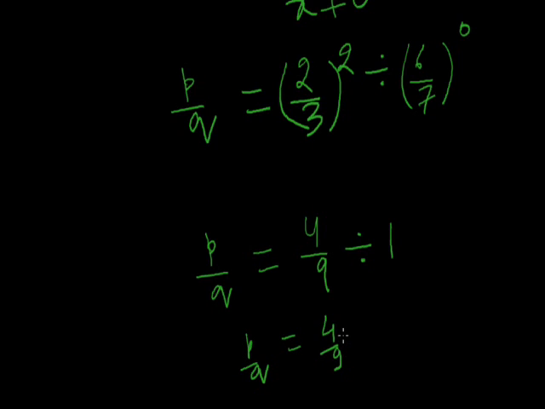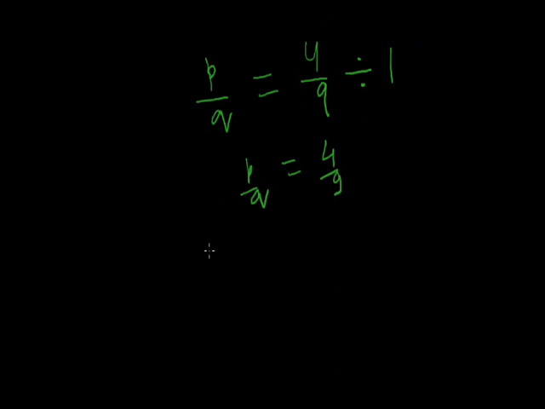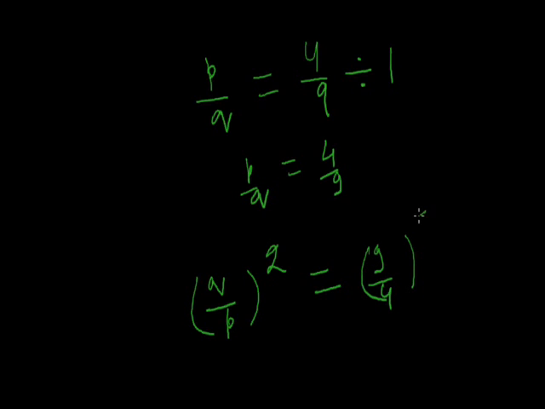Now we are asked to find Q divided by P raised to the power 2. Q by P becomes 9 by 4, and the whole square gives you the answer as 81 divided by 16, which is your answer.